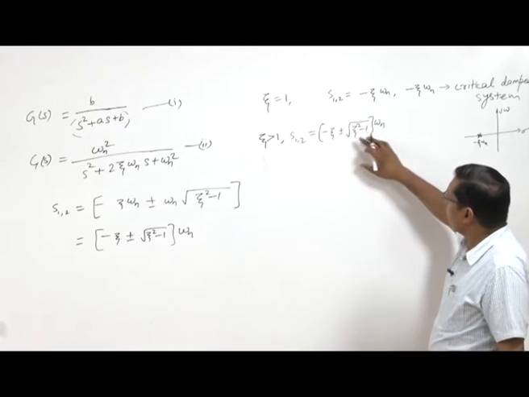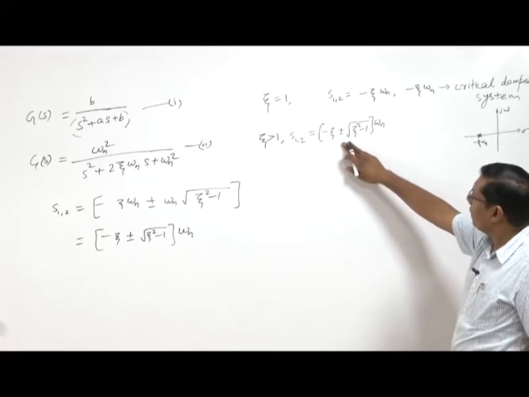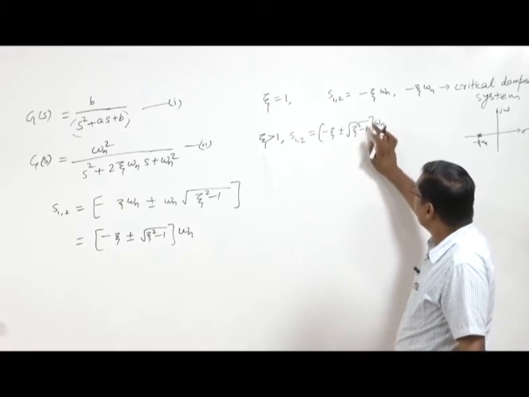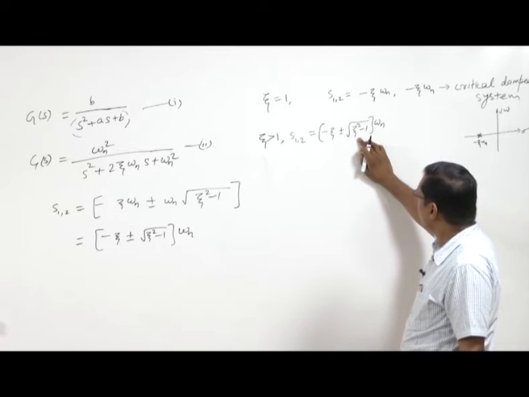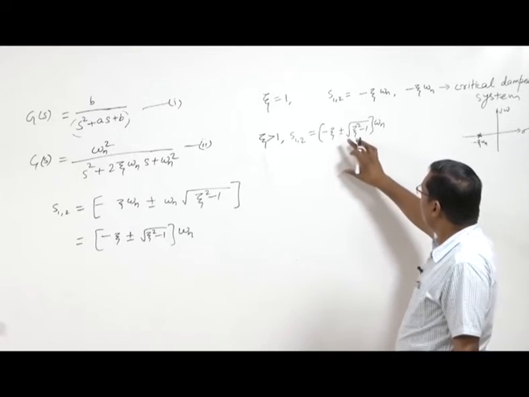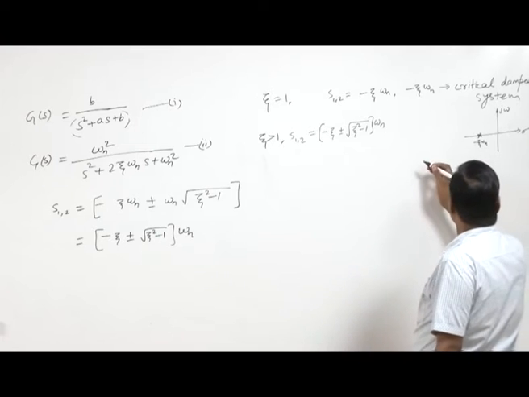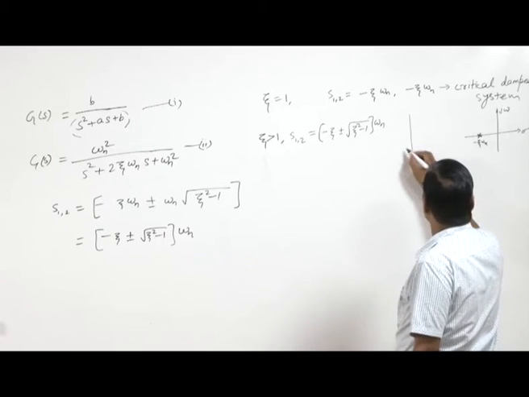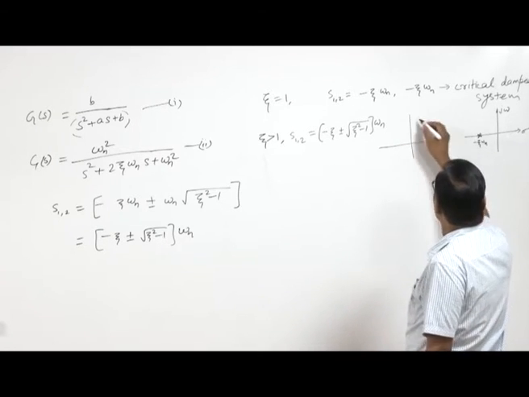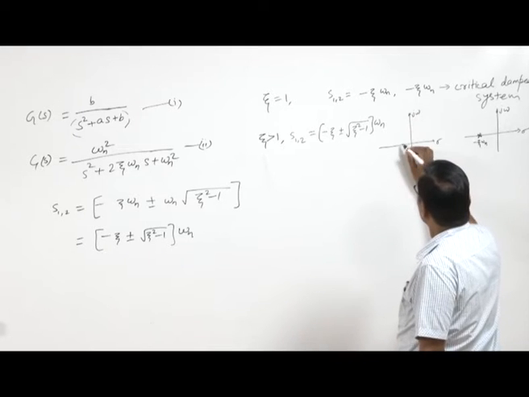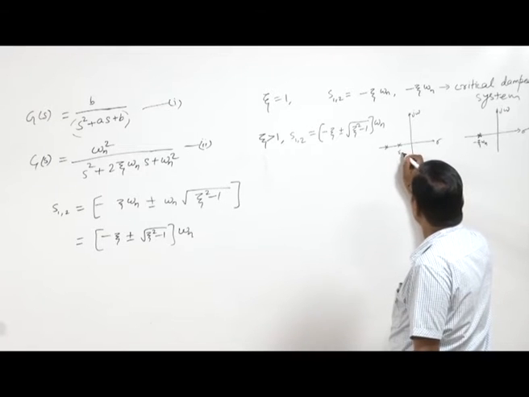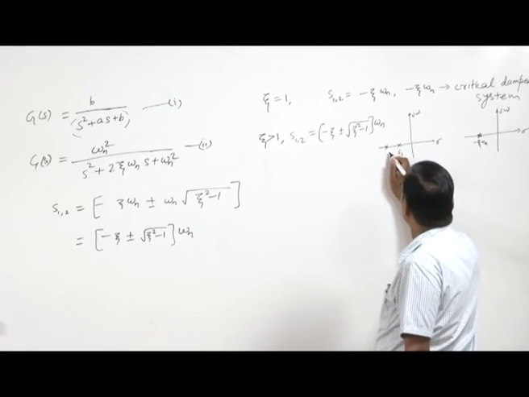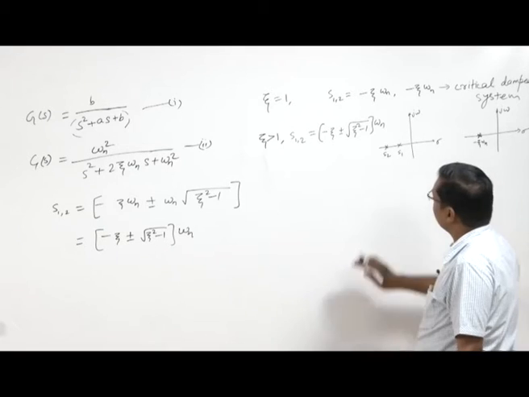So the roots are real and distinct, because zeta is greater than 1, so this under root part is greater than 0. So this is real and distinct. If we want to present this, we can present something like here the first root s1 and s2.